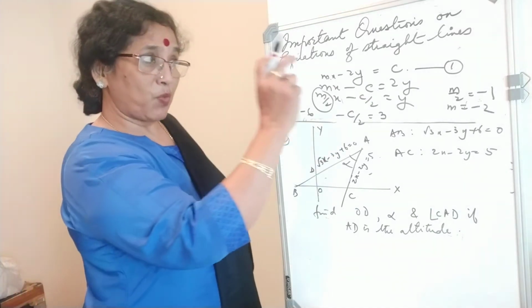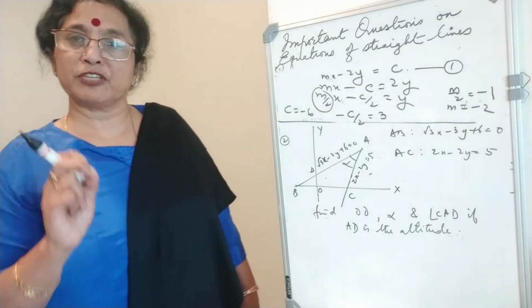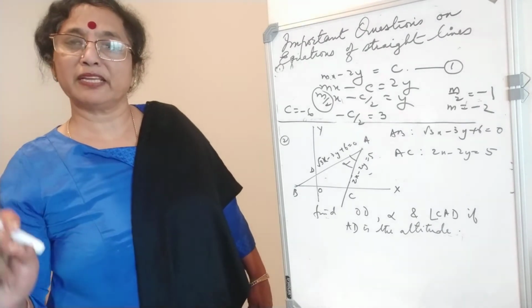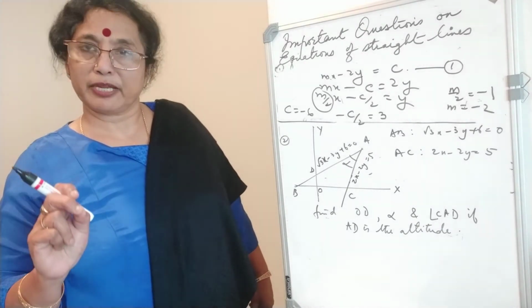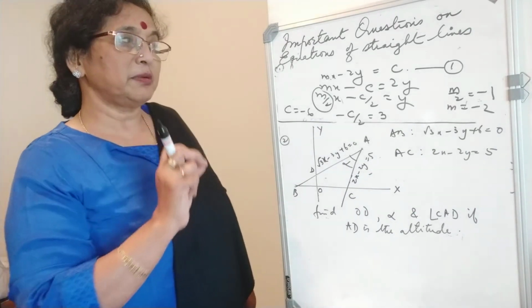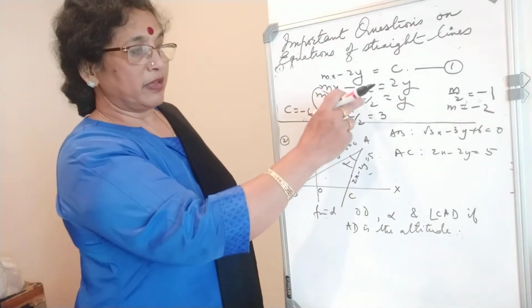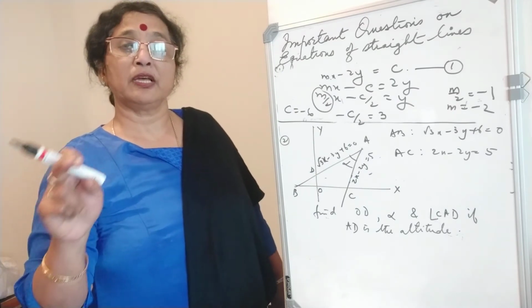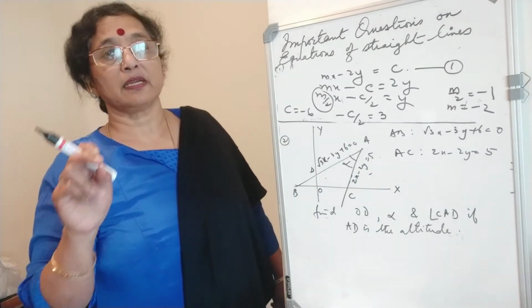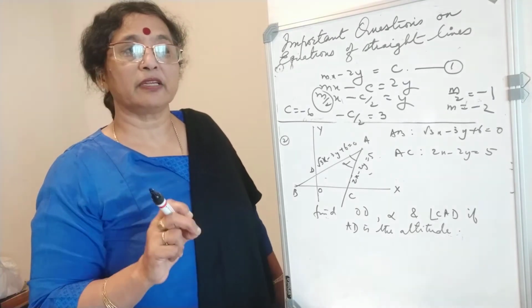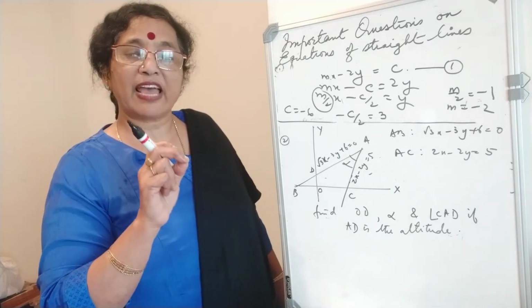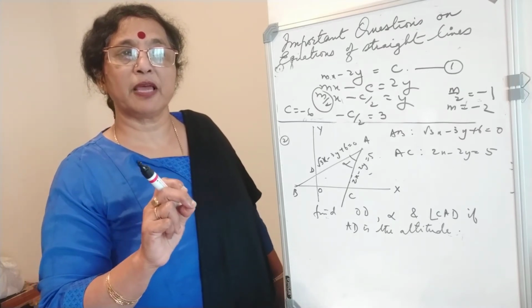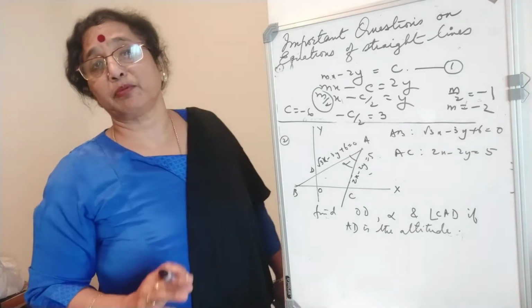So therefore I make y the subject of the formula. Coefficient of x I get m by 2, which is tan of 135, which is minus 1. So m is minus 2, right? And similarly I get minus c by 2 as the y-intercept, which is given as 3. So c is minus 6. So be very careful that you do not have fixed rules that m is slope, c is y-intercept. So this is one example of that.